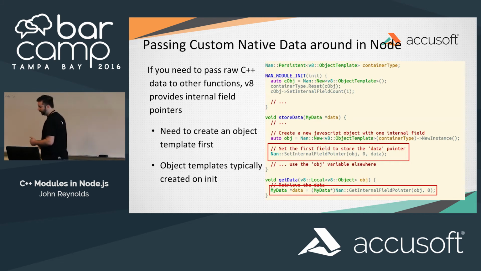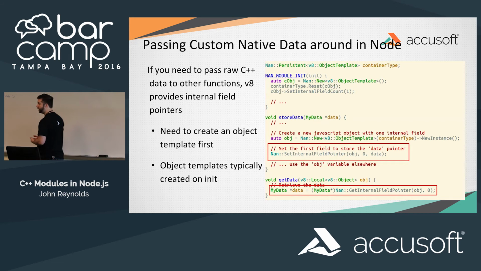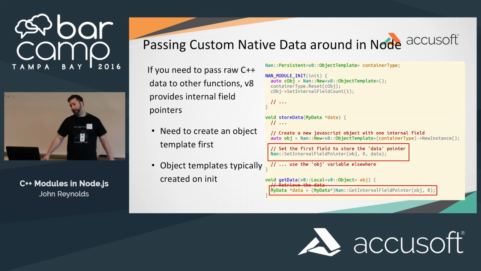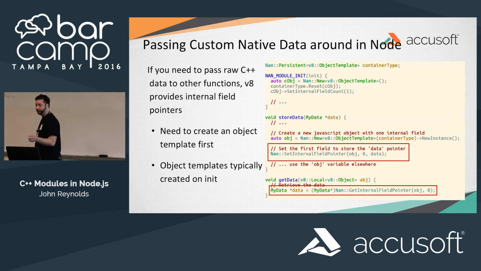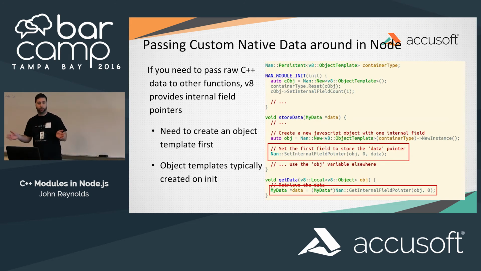And this is a way where you can basically set any custom data you want, any custom native data you want to JavaScript objects. Now, there are a few quid pro quos. You do have to make sure it's an object template, which you'll usually define in your initialization of the module. But this is a very handy way of tying your C++ library to Node.js. Very helpful.